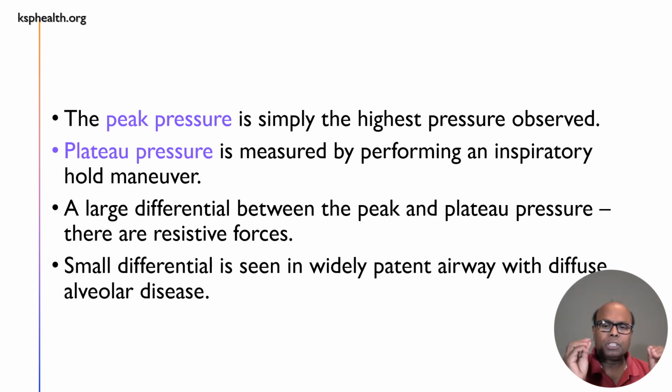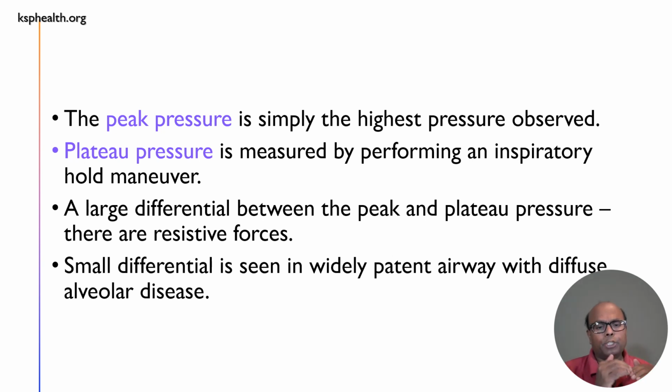One is peak pressure, simply the highest pressure observed in a given cycle. The second one is plateau pressure. It's measured by performing an inspiratory hold maneuver. That tells you the alveolar pressure at that point. When there is a large differential between peak and plateau pressure, that tells you there are increased resistive forces.